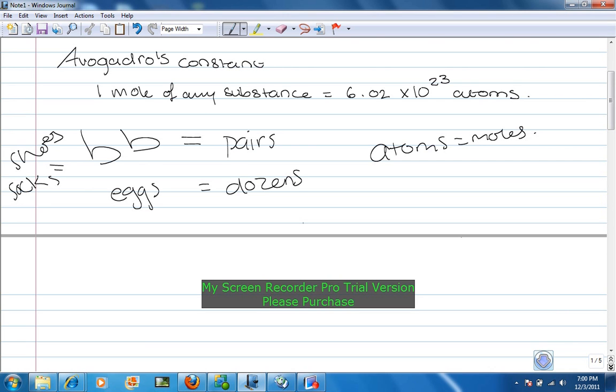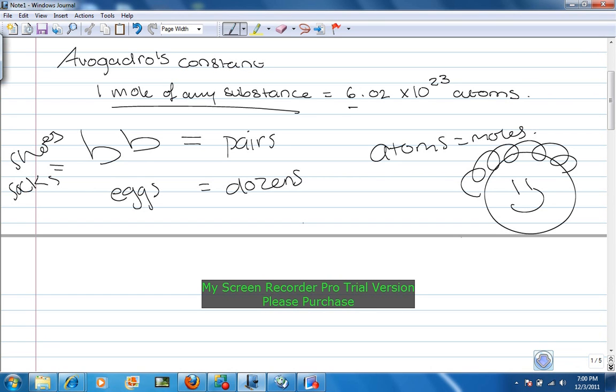So basically this guy Avogadro, let's draw Avogadro. Woohoo. This guy Avogadro was this awesome, brilliant man who came up with this idea that 1 mole of any substance contains 6.02 times 10 to the power of 23 atoms of that substance.